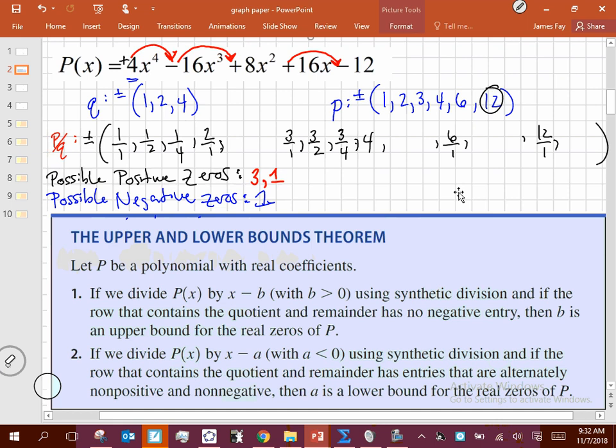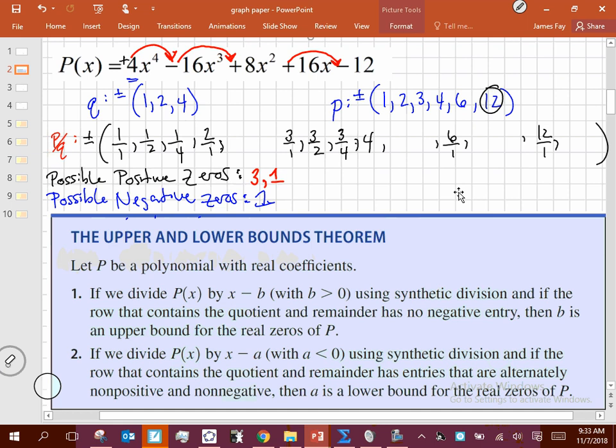If the quotient line is constructed with all positive values or zeros, that's what it means by non-negative entries. Okay? So my quotient line is all positive numbers and zeros. That then tells me that the number in the box is what we call an upper bound for the real zeros of P. Meaning that, let's say that number in the box is 3.